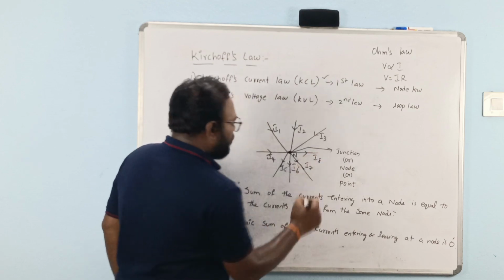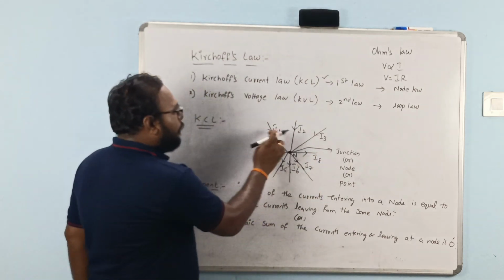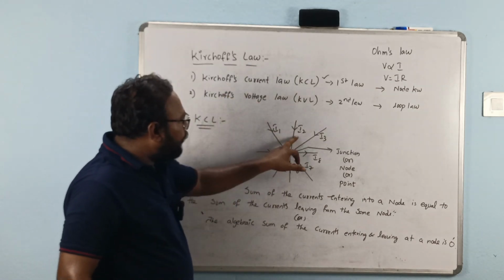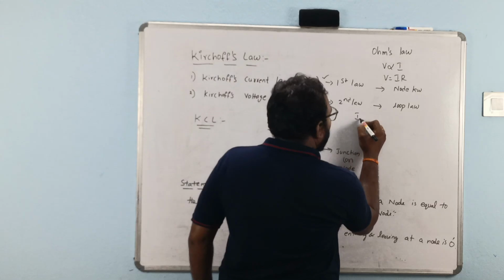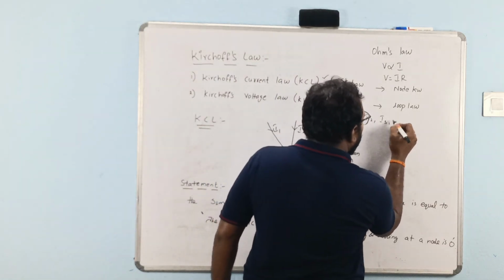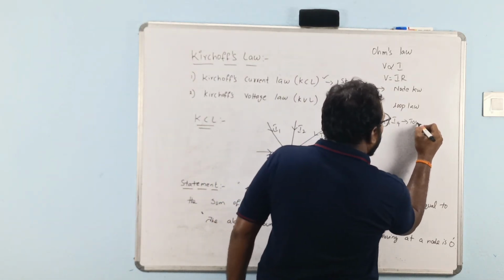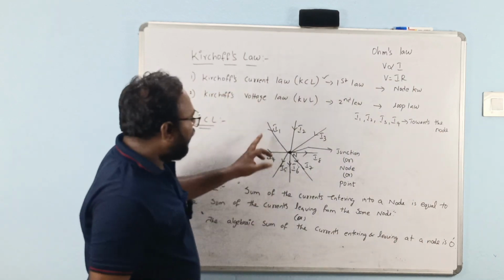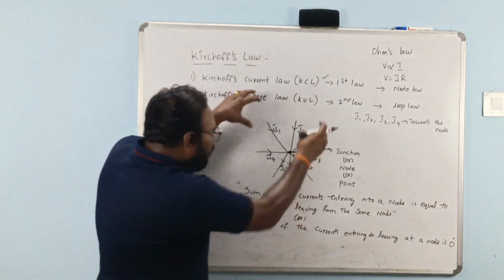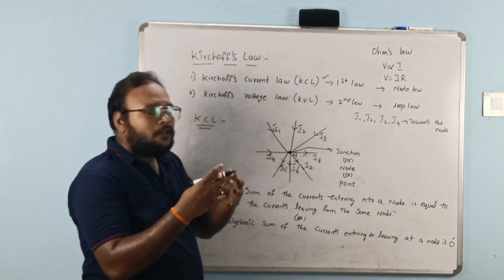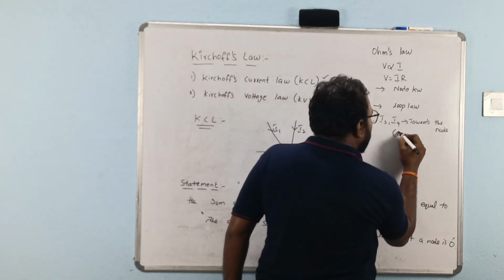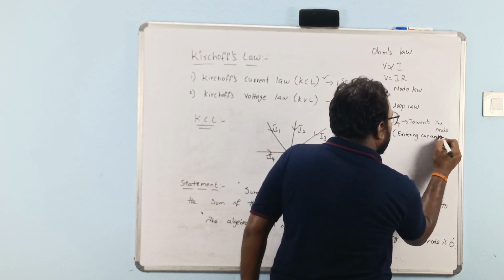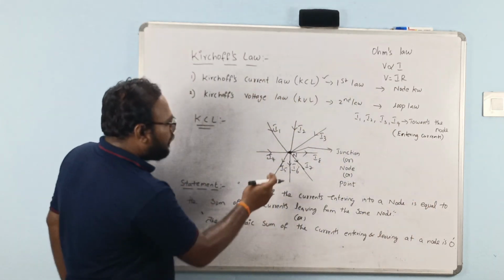Just by changing the directions of the currents, see I1, I2, I3, I4. The arrows are directed towards the node, so these are entering currents. And what about the others?